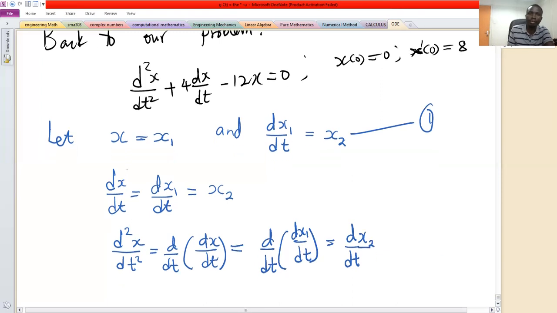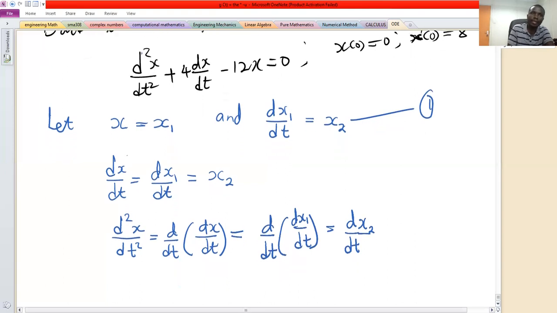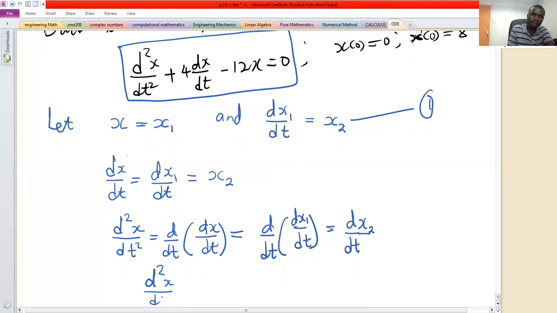So therefore this given equation, d squared x dt squared, can be written, taking terms to the right, as minus 4 dx dt plus 12x. I'm changing nothing, just rewriting, making the second derivative the subject.